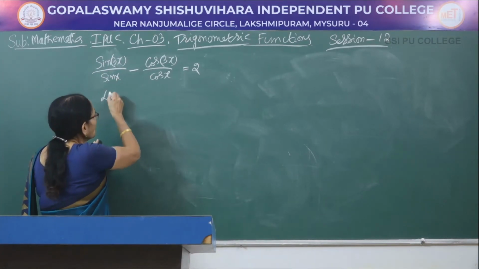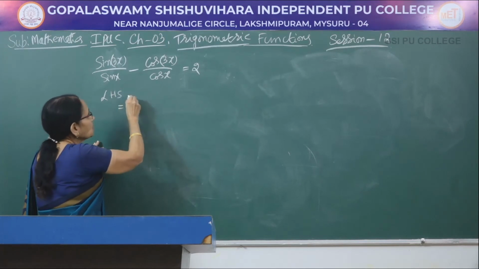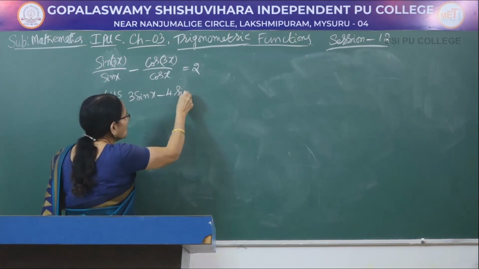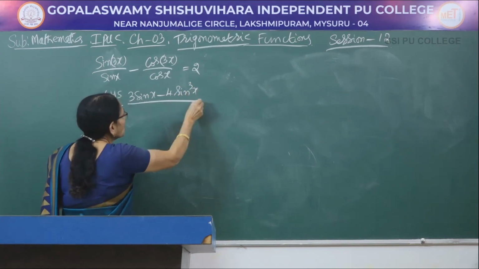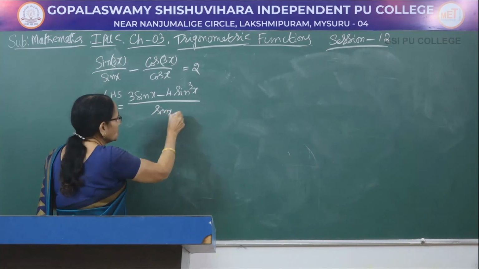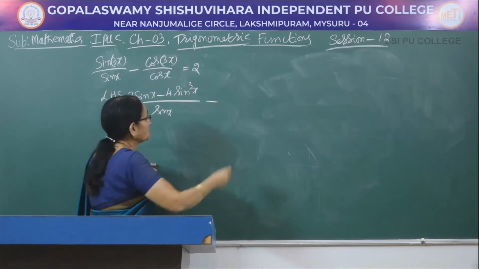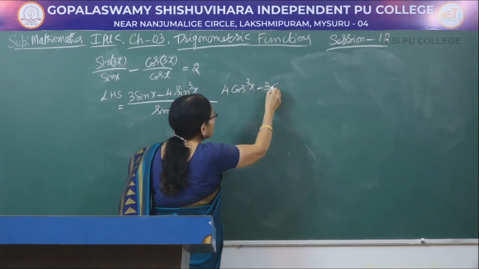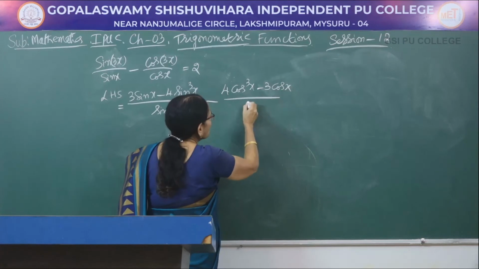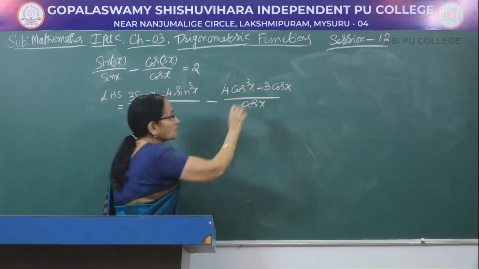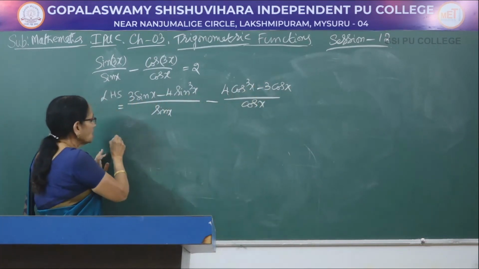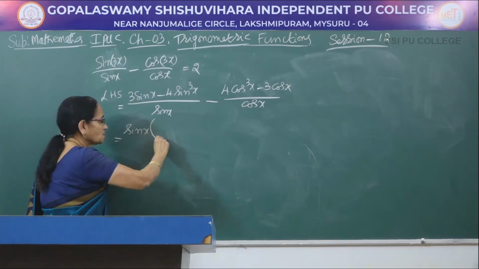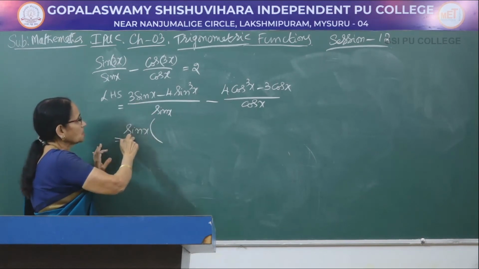Let me start with the left hand side and write the value. What is the formula? 3 sin x minus 4 sin cube x, whole thing divided by sin x, minus, take the second term, 4 cos cube x minus 3 cos x divided by cos x. Don't do the cancellation directly. First, look at the numerator. There is a common factor, that is sin x, into, sin x has been taken outside.